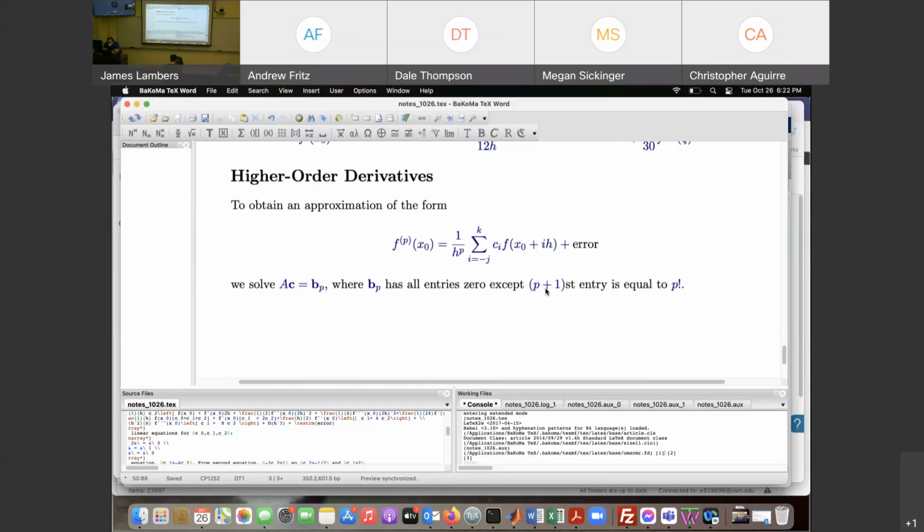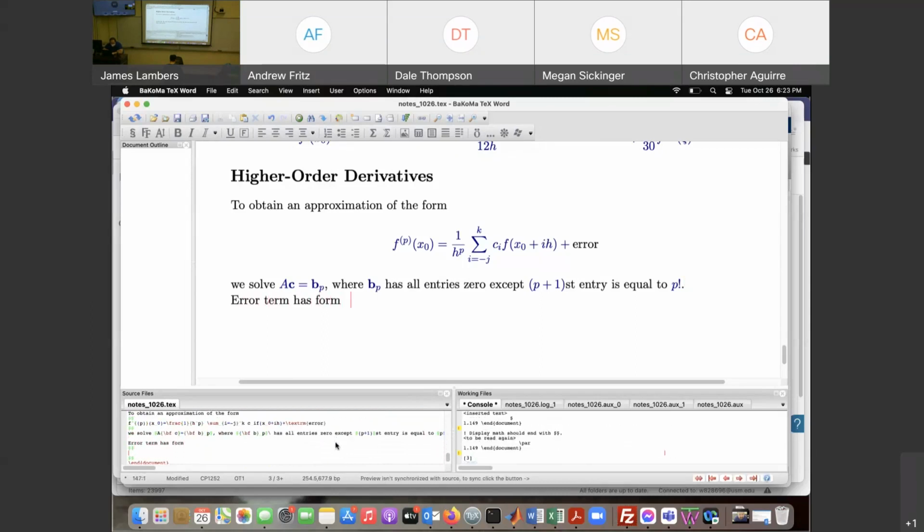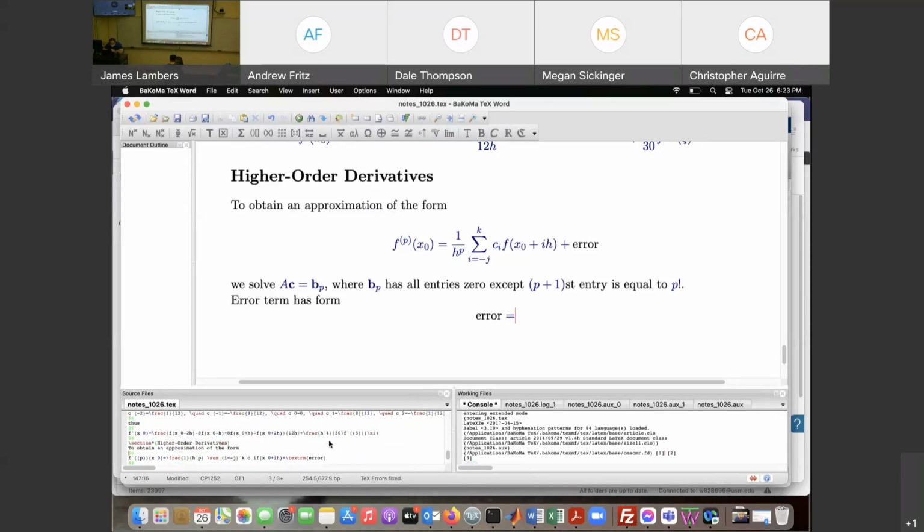And then as far as the error is concerned, that will be similar. Be careful about this, I haven't actually worked this out before. What I'm going to do is copy a previous one and then adjust it.